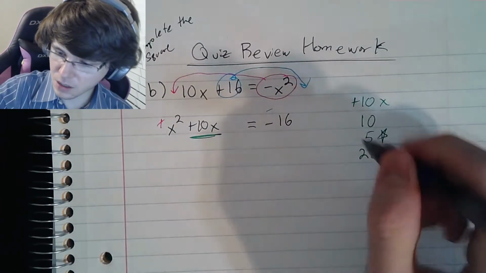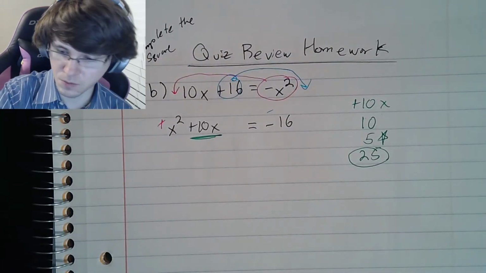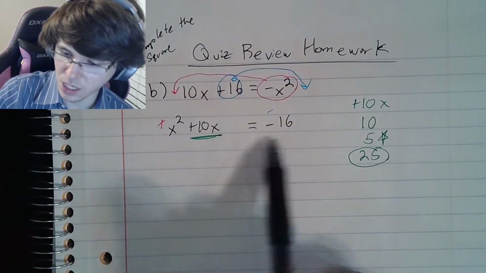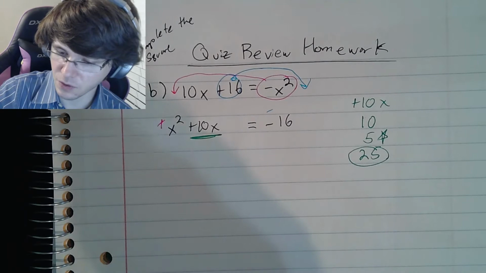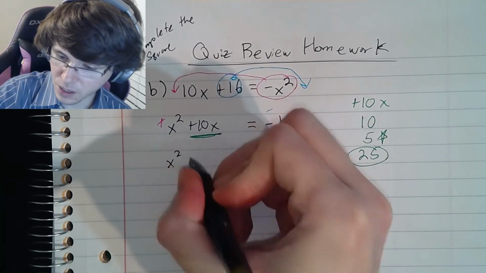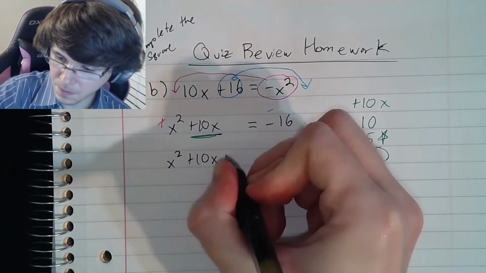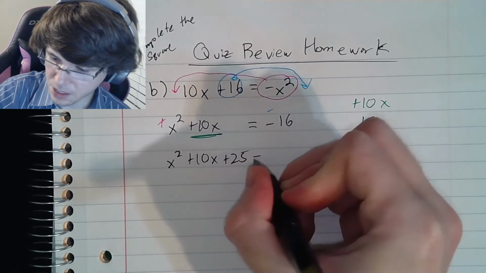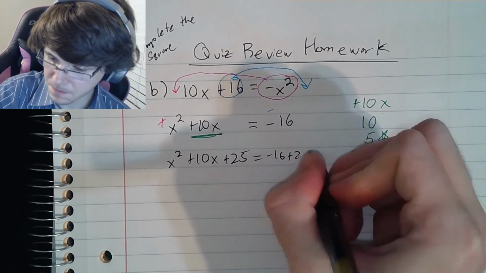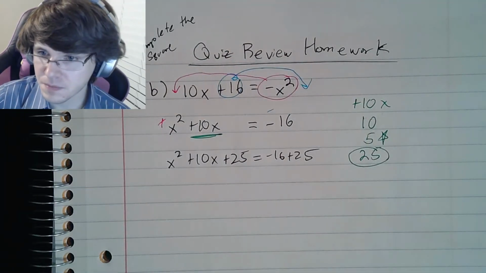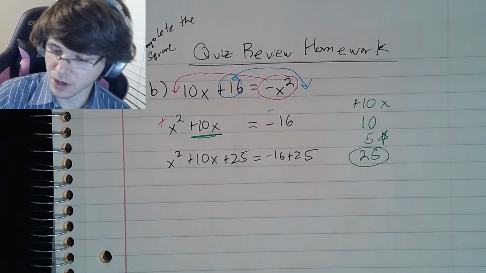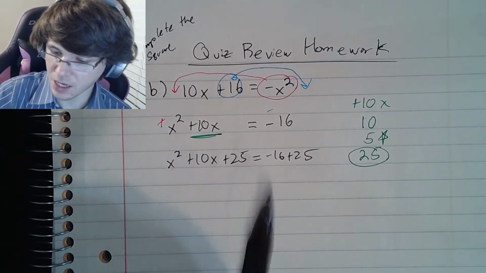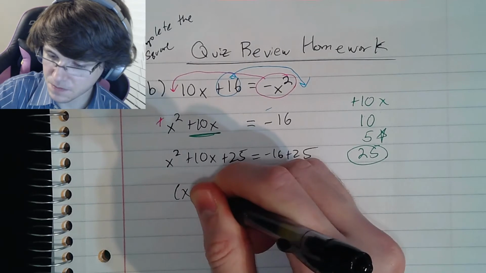This guy right here is what you're adding to both sides of the equation. So now we take this equation that we just had before and rewrite it by adding on both sides. After you've done that, we're going to rewrite this guy as a perfect square.